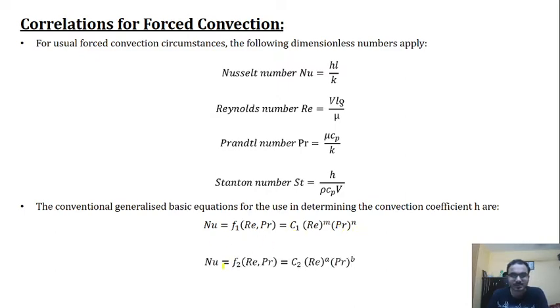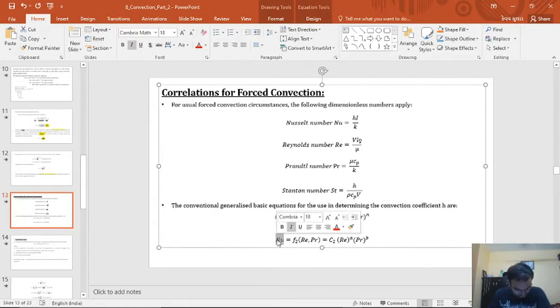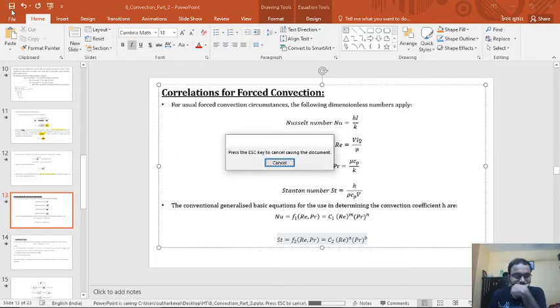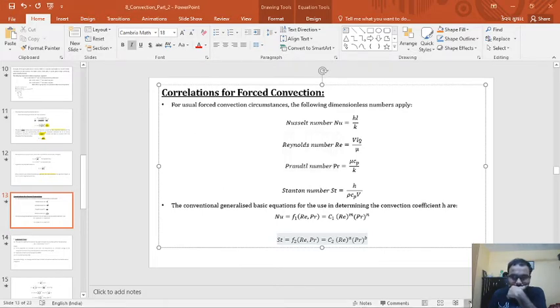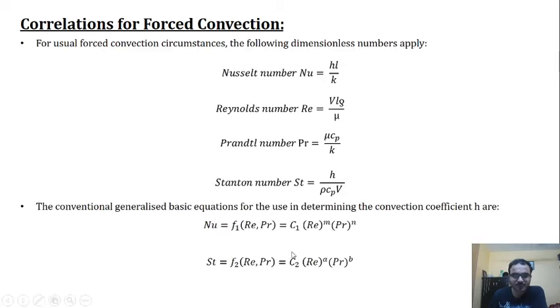And the second case, sorry, here a mistake is there, here it should be St. Stanton number is a function of Reynolds number and Prandtl number, and it is given by C2 into Re raised to a and Pr raised to b.